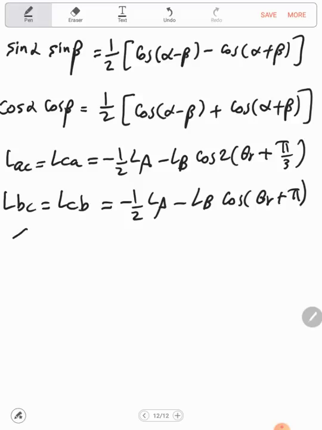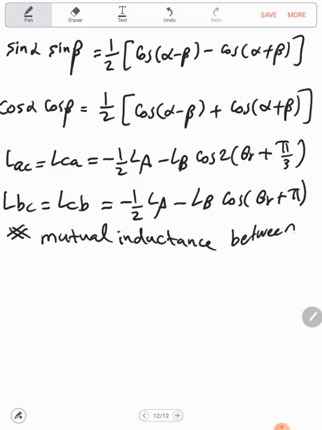Now we can also calculate the mutual inductance between the stator and the rotor, which is the LSR. So here is the mutual inductance between the stator circuit and the rotor circuit.